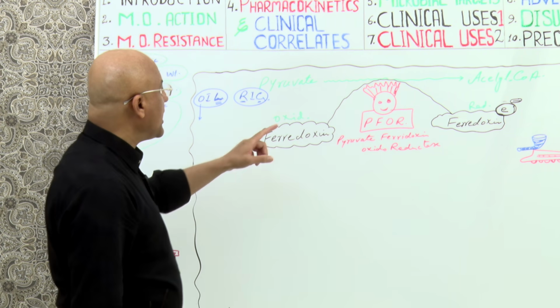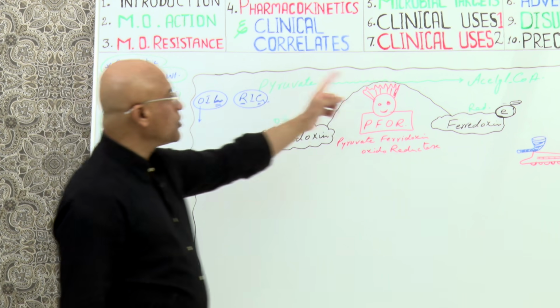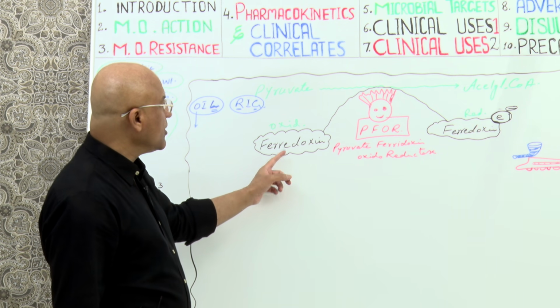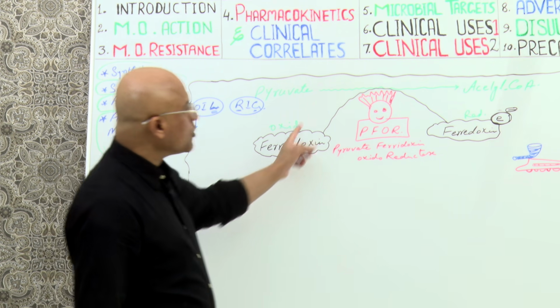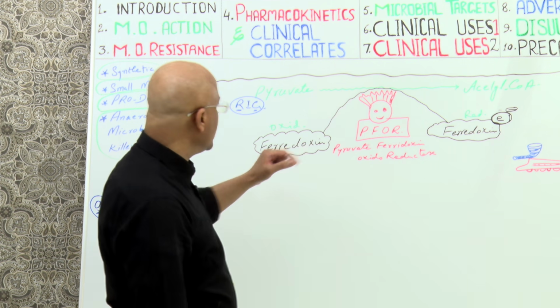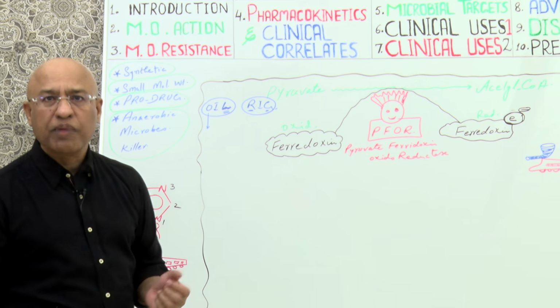This enzyme is responsible for converting the pyruvate into acetyl-CoA and converting the ferredoxin from the oxidized state to the reduced state. Now we have seen that this specific enzyme is present in anaerobic microbes.